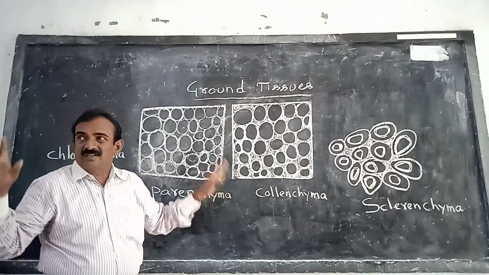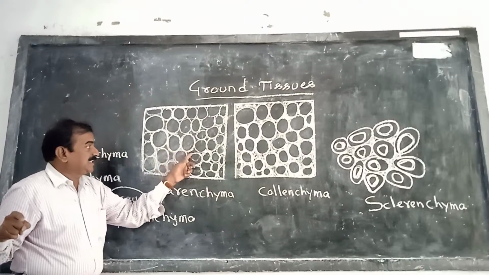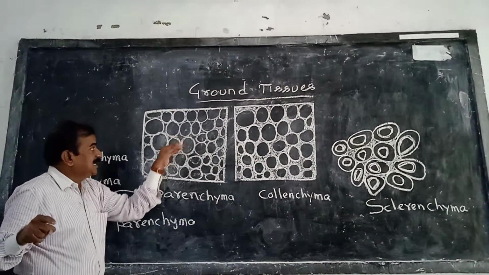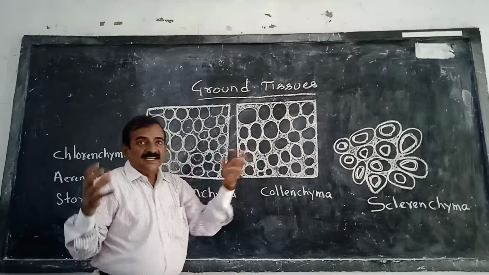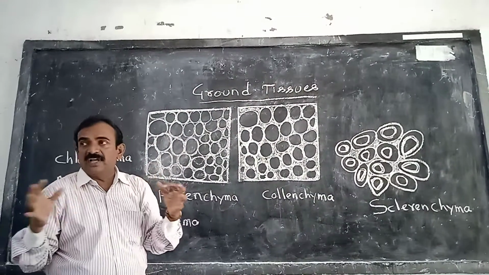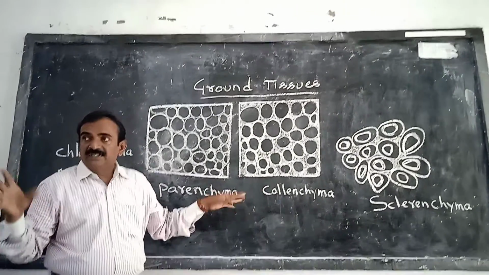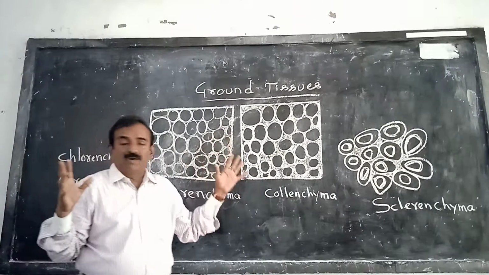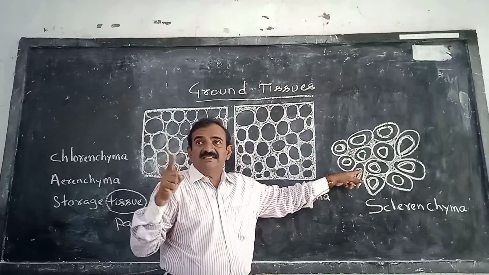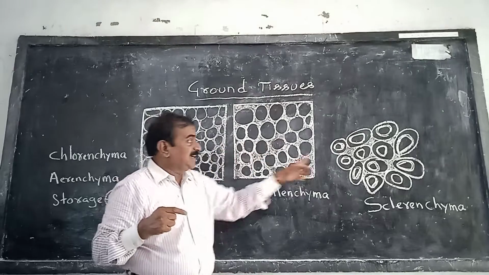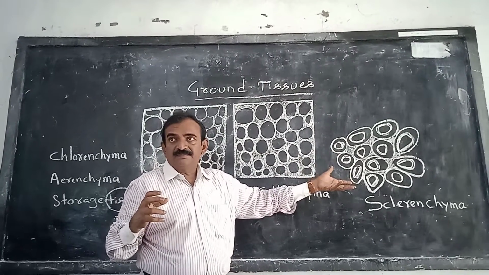Parenchyma is thin walled with air spaces, but here there are no spaces, and they are thick walled. Collenchyma gives support to the plant body. Next you see sclerenchyma, which is much thicker than these two. It has thick walls and gives mechanical strength to the plant.